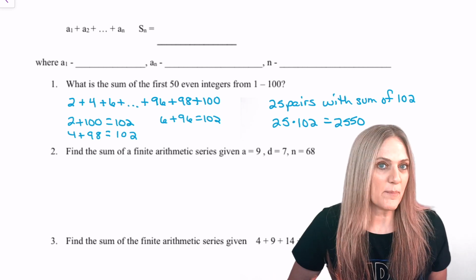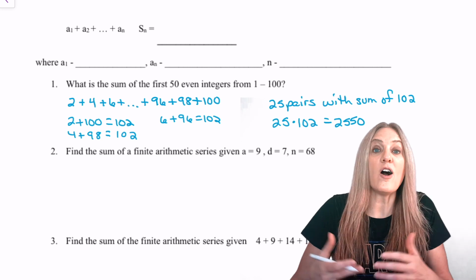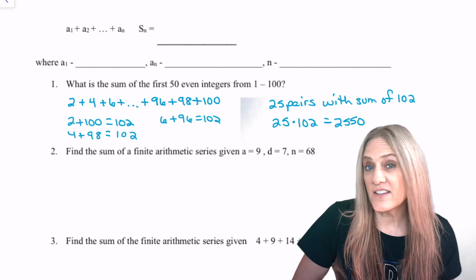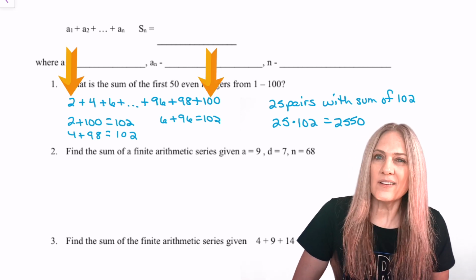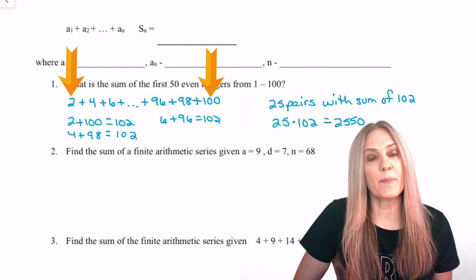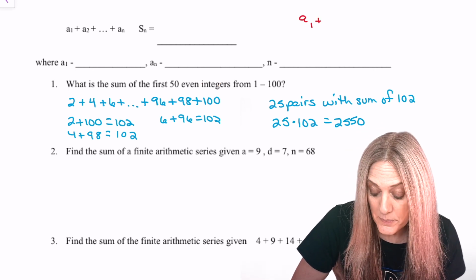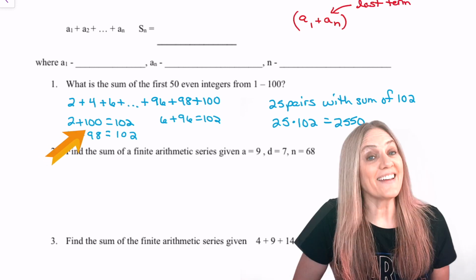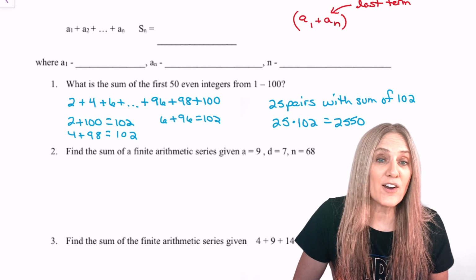Let's use this example to formalize and develop a formula that we can use for all finite arithmetic series. I started out by adding the first and the last term. Now, the last term number will change depending on the series, so I'll just say a sub 1 plus a sub n, meaning the last term. That gave us 102. Next, I had to decide how many pairs I had.